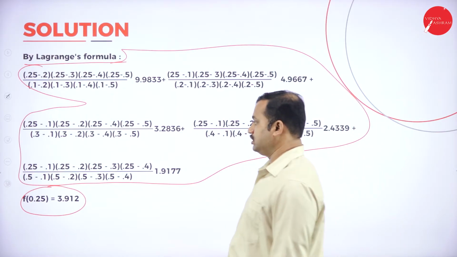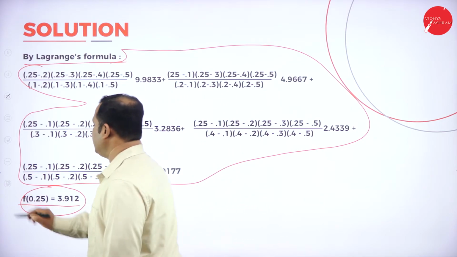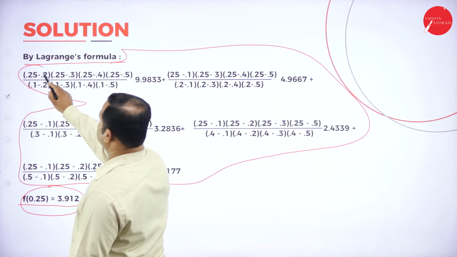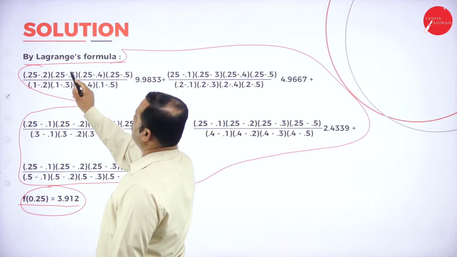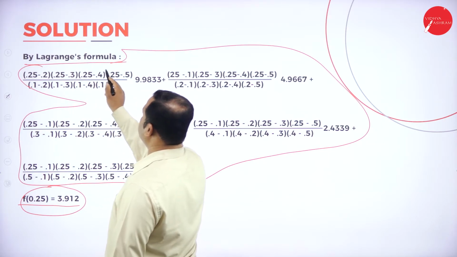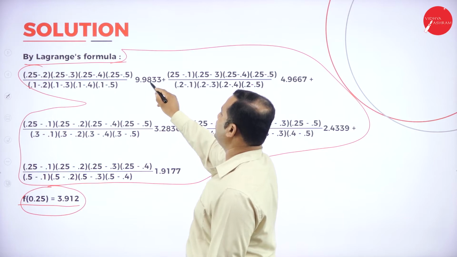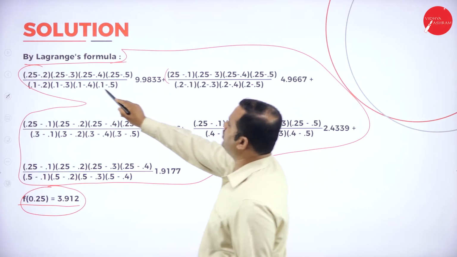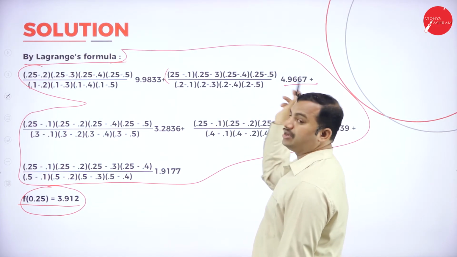Let me show you here. Of course, we are getting the same value. We are yielding the same result. See here, that is 0.25 minus 0.2, 0.25 minus 0.3, because 0.1 is skipped here according to the formula. Then 0.25 minus 0.4, 0.25 minus 0.5, divided by those terms into 9.9833. Plus this term is calculated. Now 0.2 is skipped here. This is multiplied by that value given in the table.